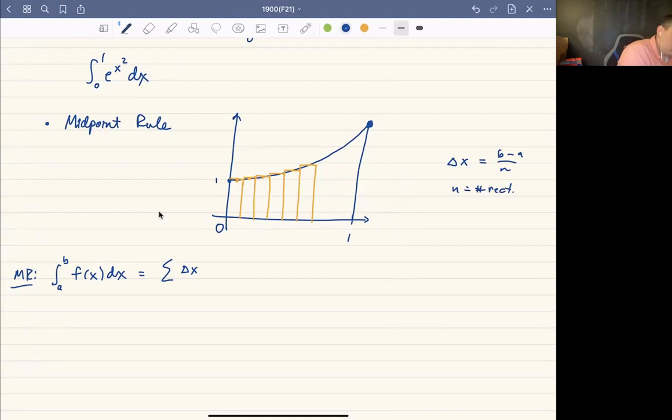And then this is worth, I think, another graph here. If I were to have f of x, say from a to b, then we can split it up and we call the first point x0, the next one x1, x2, all the way up to xn.